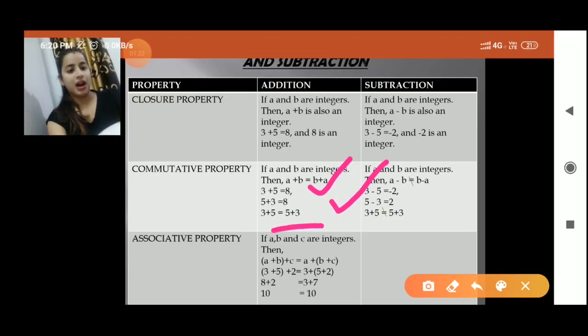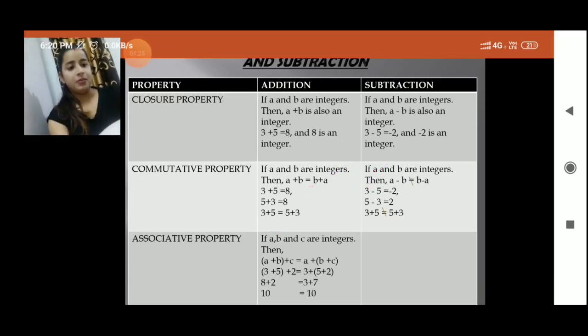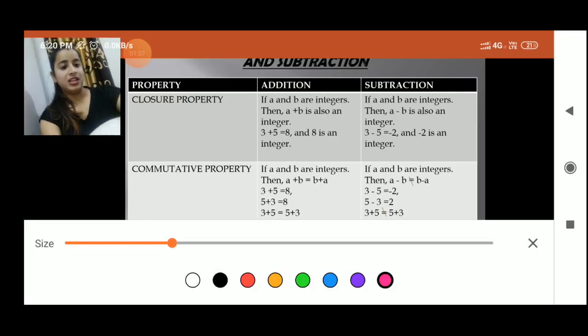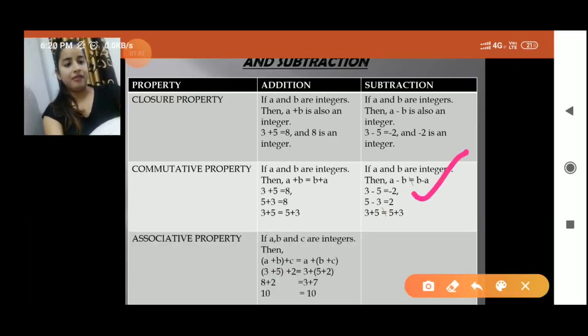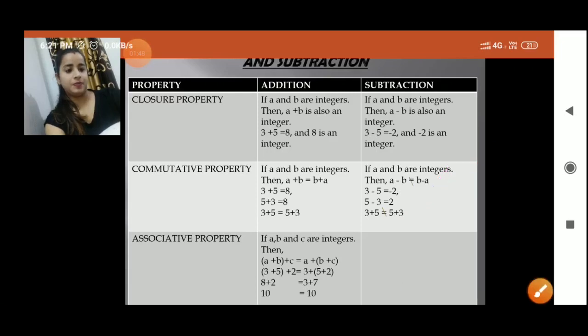So both are the same. But subtraction doesn't satisfy this. If we do a minus b, and when we subtract b minus a, both are different. Here, 3 minus 5 gives minus 2, and 5 minus 3 gives 2, and both are different.